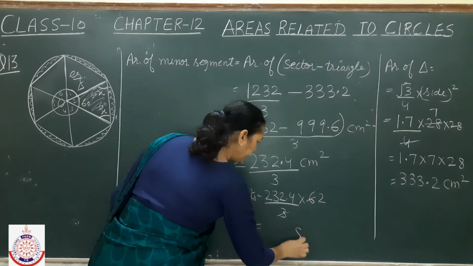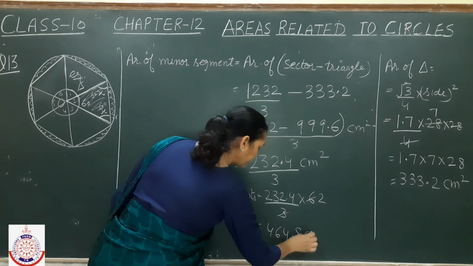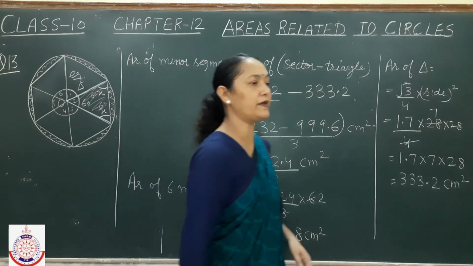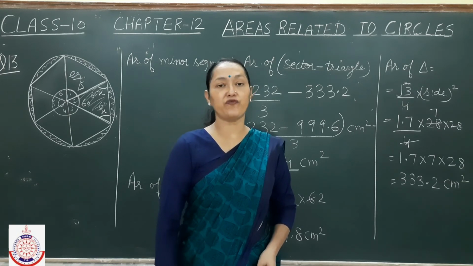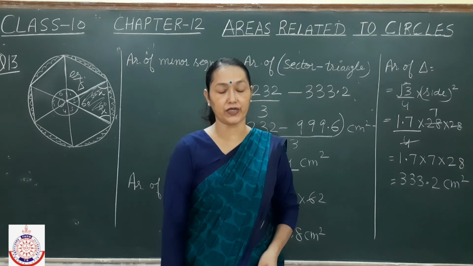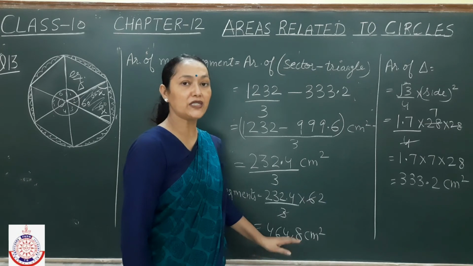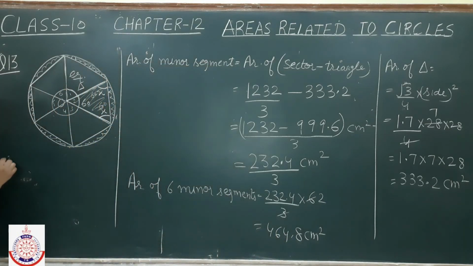So we have obtained 464.8 centimeter square. This is the area of 6 minor segments. Next, they have given us the cost of making design, that is 0.35 per centimeter square. So we will be multiplying this area with 0.35. We will be finding the cost of making design.